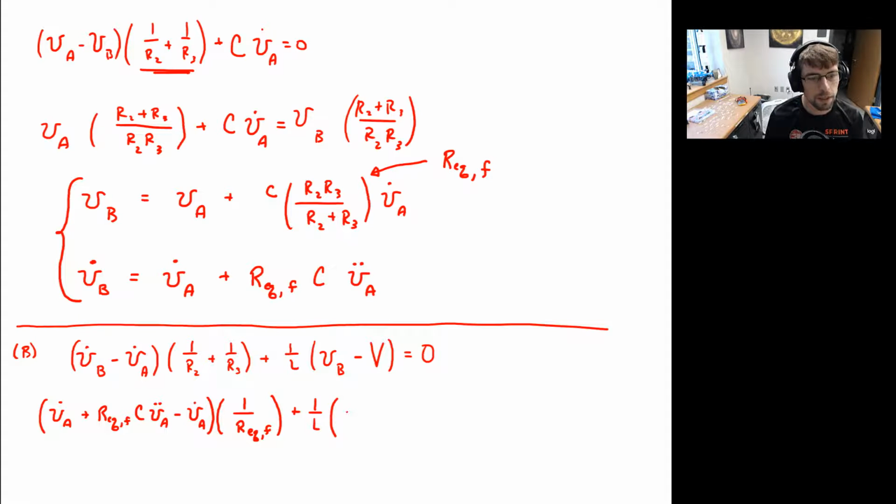We have VA plus, and again, I'll leave this as REQ final times C times V dot A. So that's just for the VB term. And then we have minus V, and I should say V2. And that whole rigmarole equals 0.